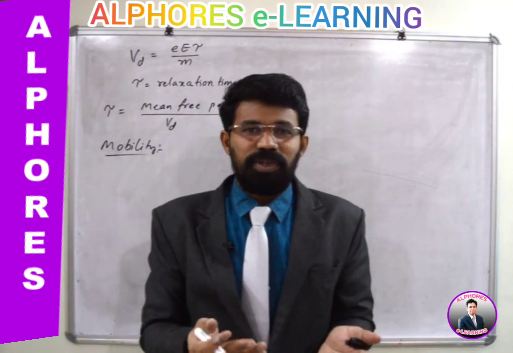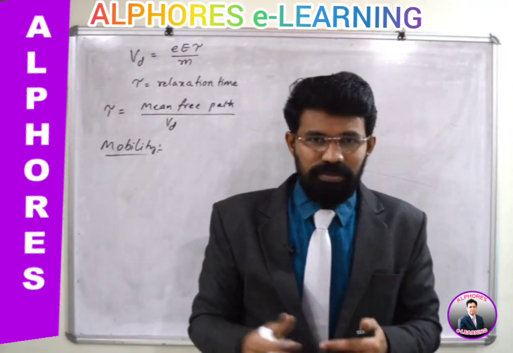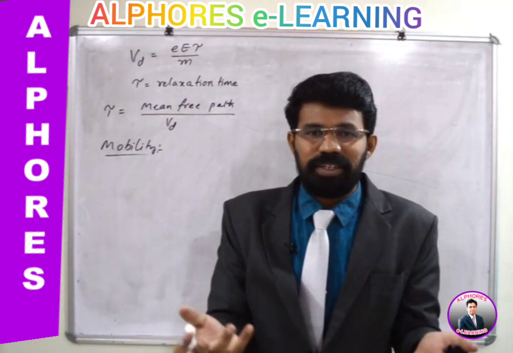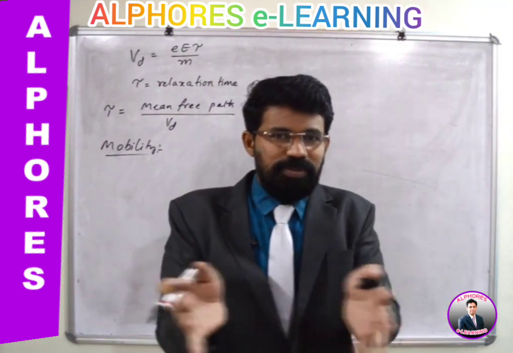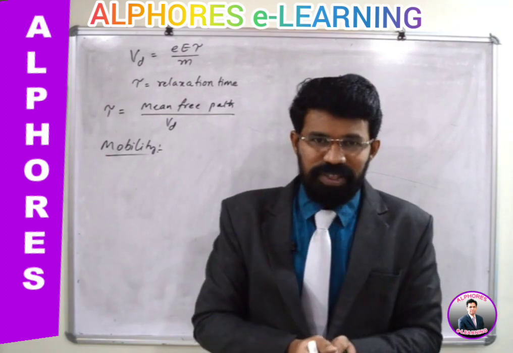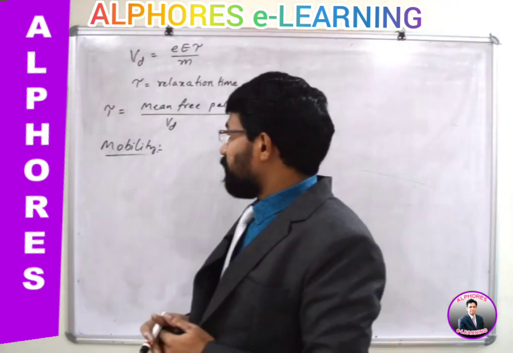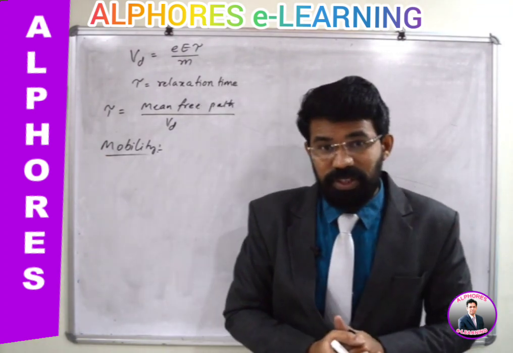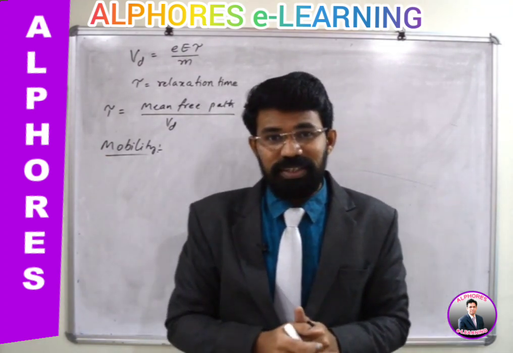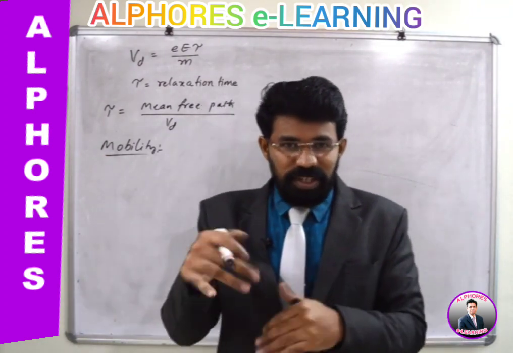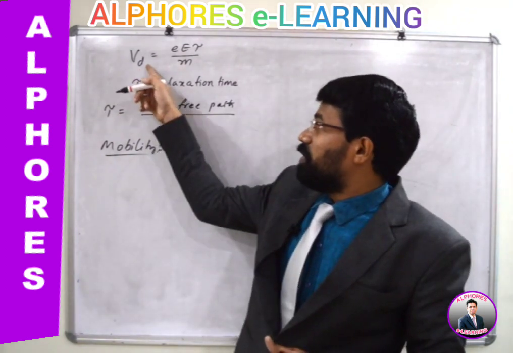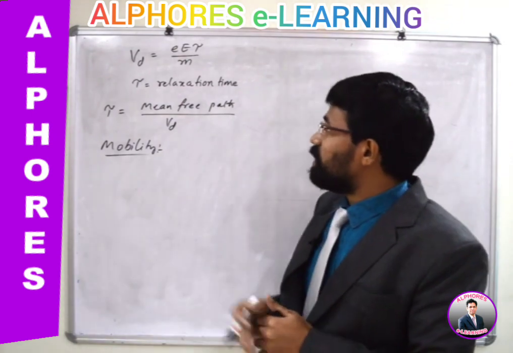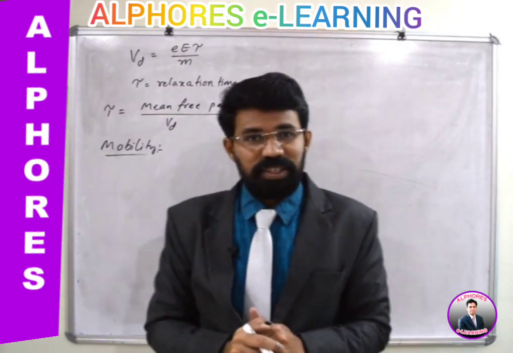Mobility, in the literal sense, means something is moving. Here charges were moving, and the motion can be influenced by the electric field intensity. Because of the electric field intensity, they get drift velocity, isn't it? So in terms of drift velocity and electric field intensity, we can define mobility.